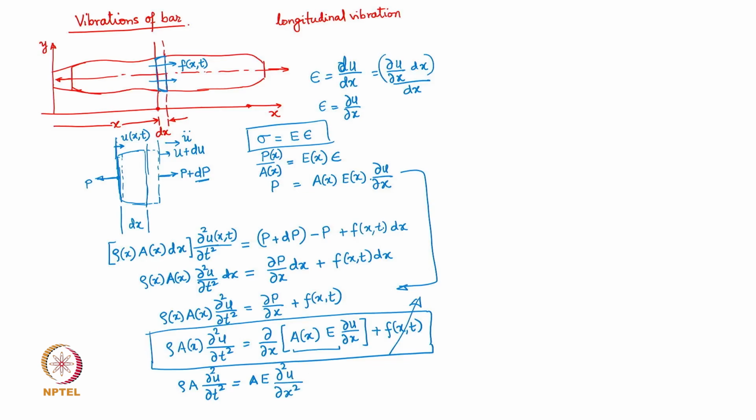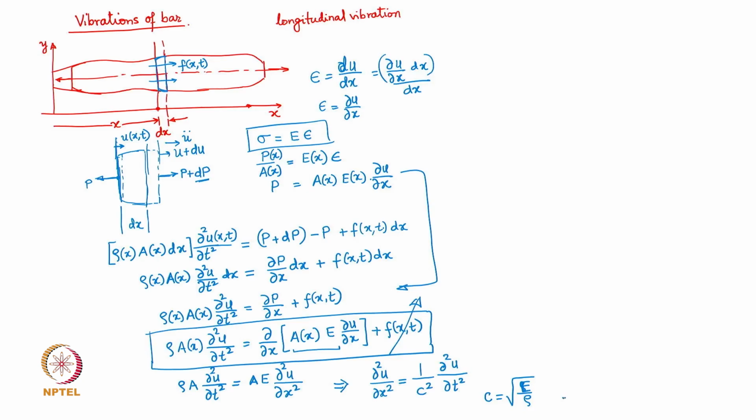That is our equation, provided there is no external excitation acting on the bar, which I can bring into a friendlier form as 1 upon c squared partial squared u by partial t squared, where c is the square root of E by rho: Young's modulus E divided by the density.